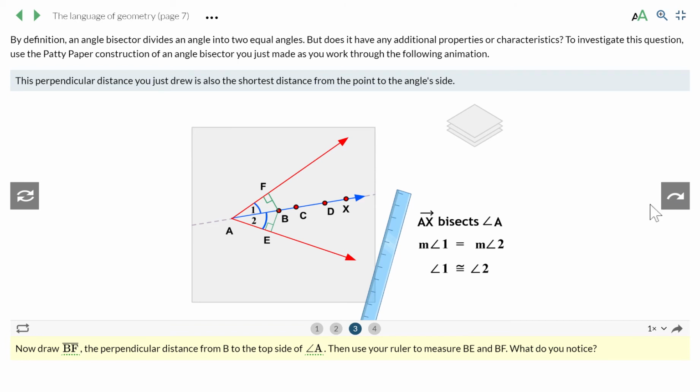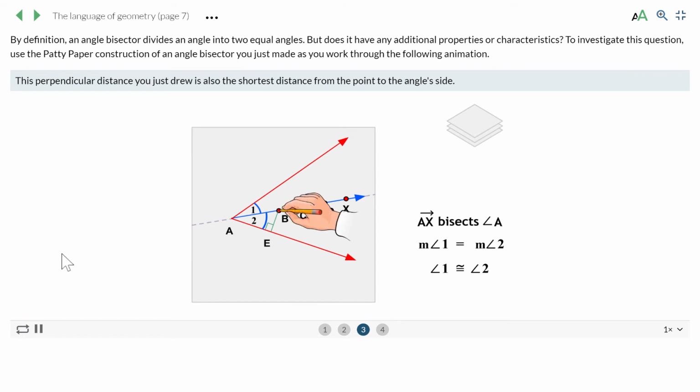Now, I'm going to replay this animation, and I want you to notice the measurements when they use the ruler. First, they're going to measure segment BF. Okay, and I'm going to pause it. What do you notice?